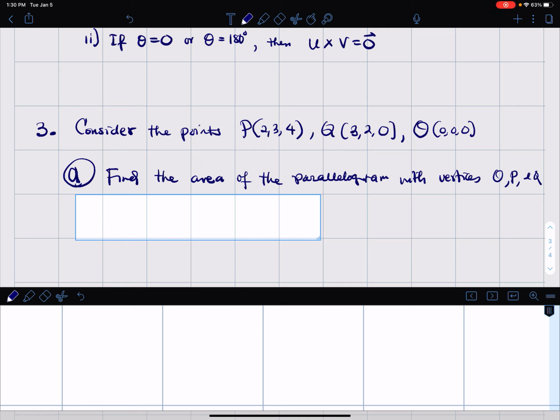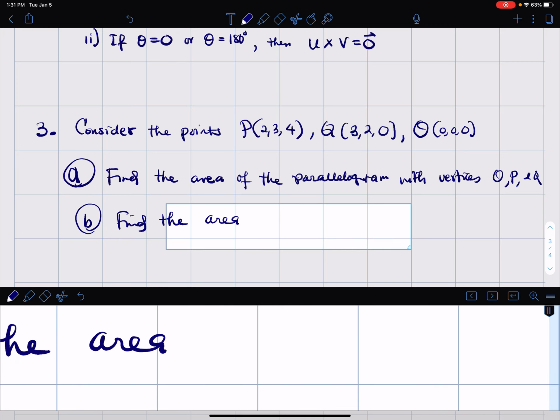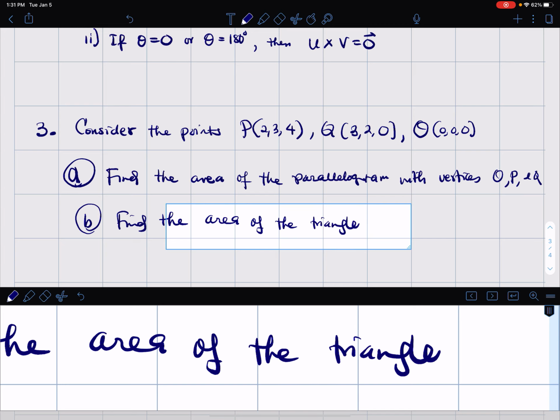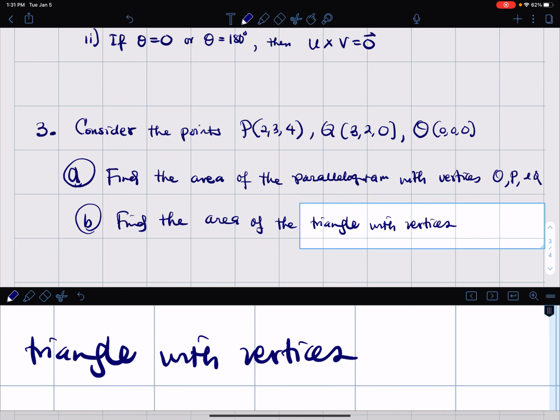And then I want you to find the area of the triangle whose vertices are O, P, and Q. Parallelogram, and triangle. All right. My hint is that the triangle is going to be half the area of the parallelogram. So that's all I'm going to tell you.